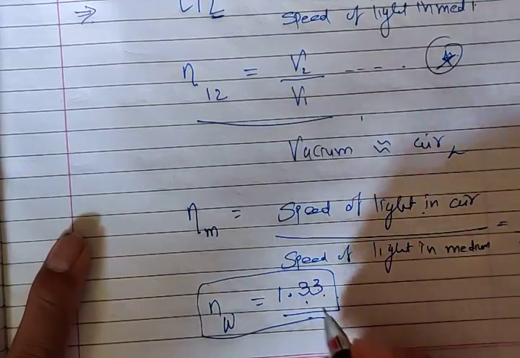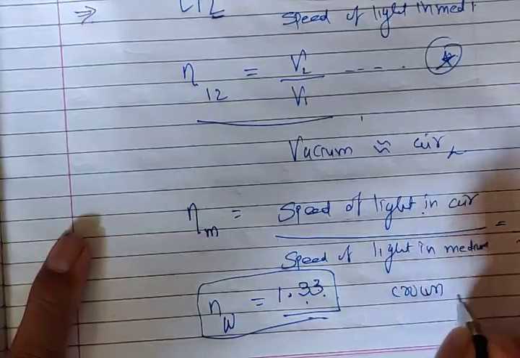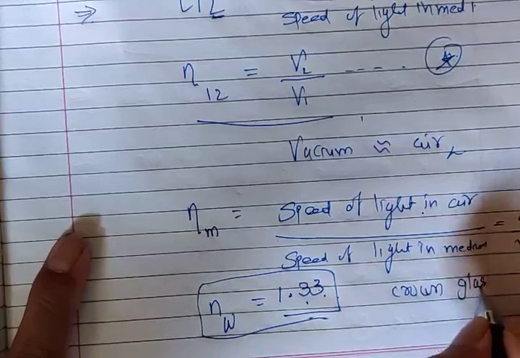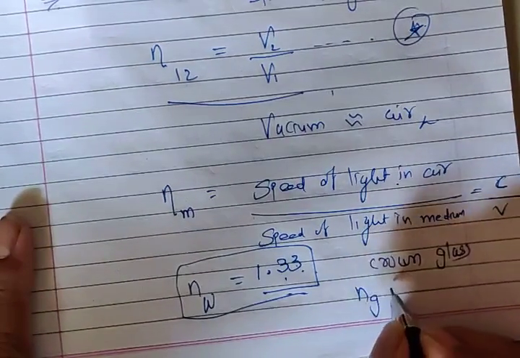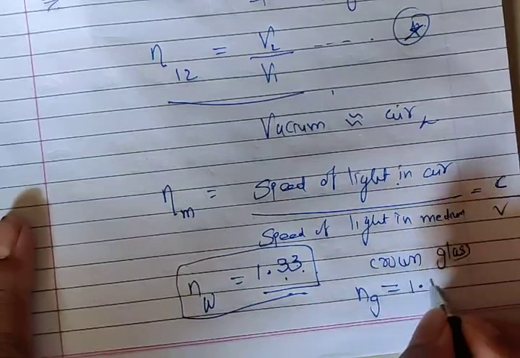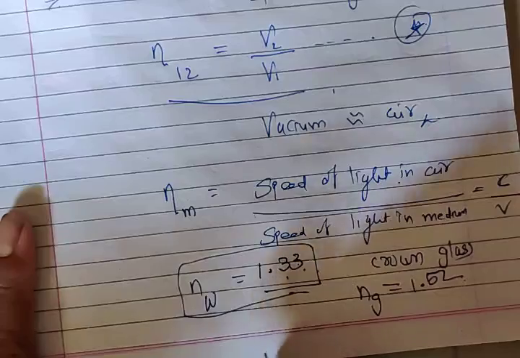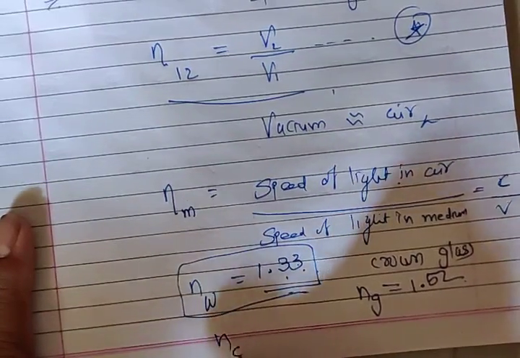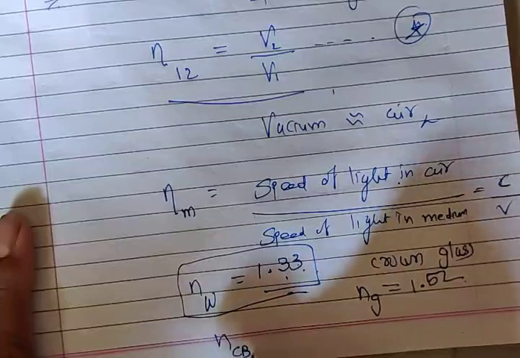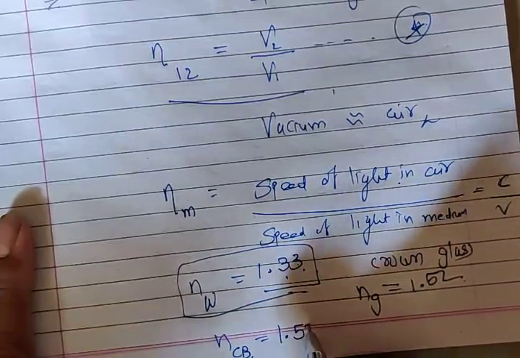1.33. If I take crown glass, then I am going to get n of g, that is crown glass, is equal to 1.52. If I take canada balsam, n of canada balsam, then I am going to get the value 1.53.